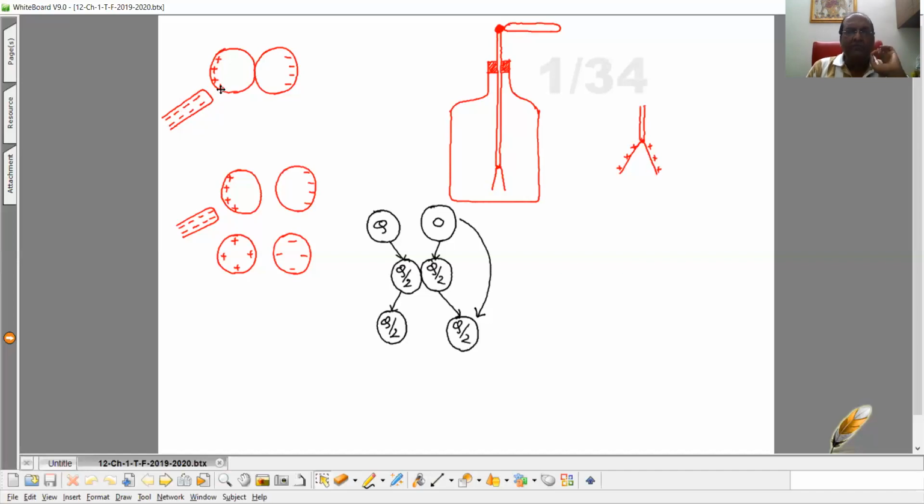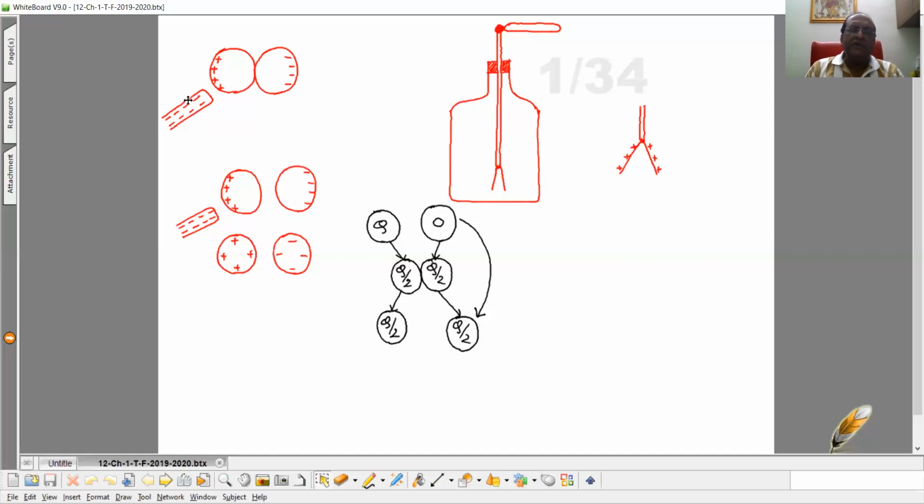But here be careful, the contact between these two is not established. It is just placed close to each. Contact is not established. Okay. So as soon as this negatively charged plastic rod is placed close to this sphere, then it will attract the positive charges and it will repel negative charges.